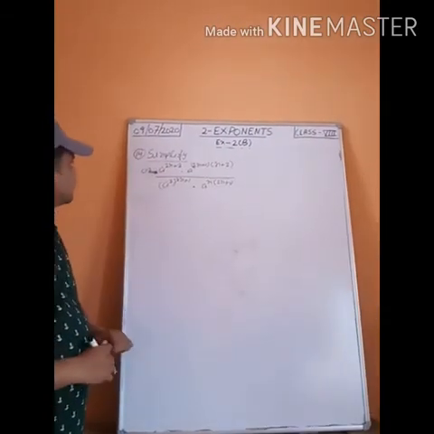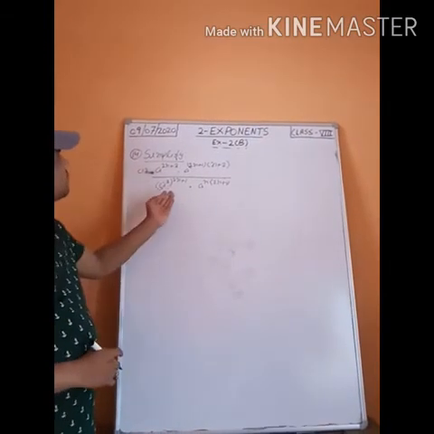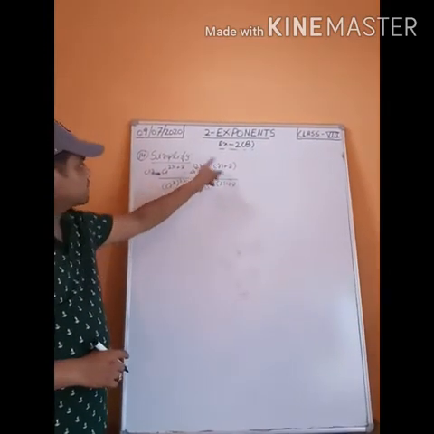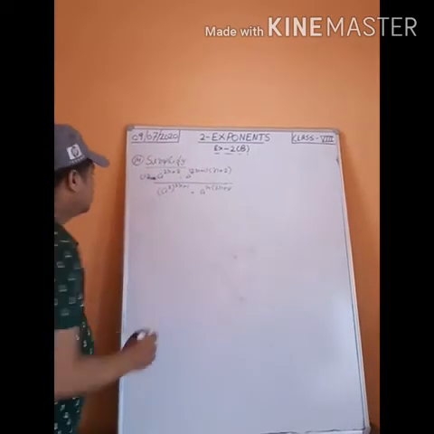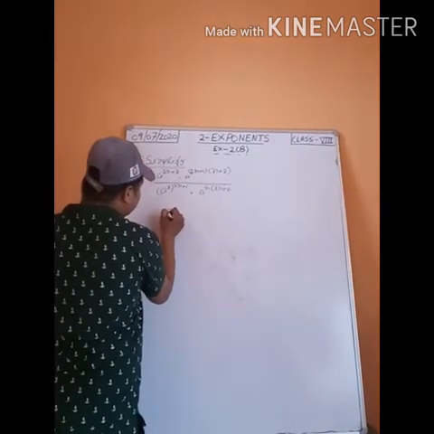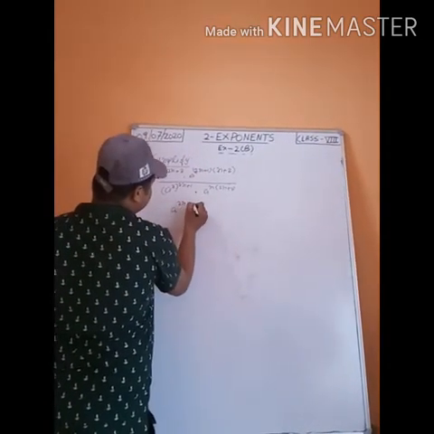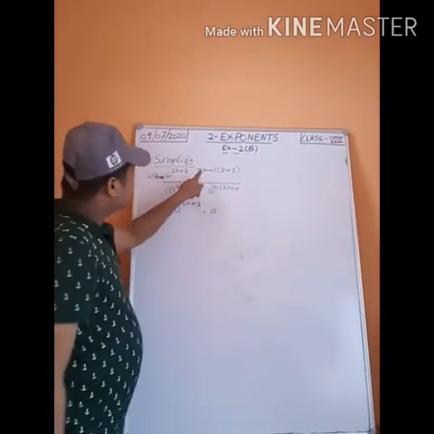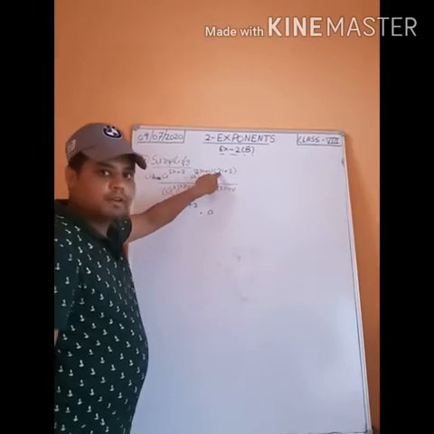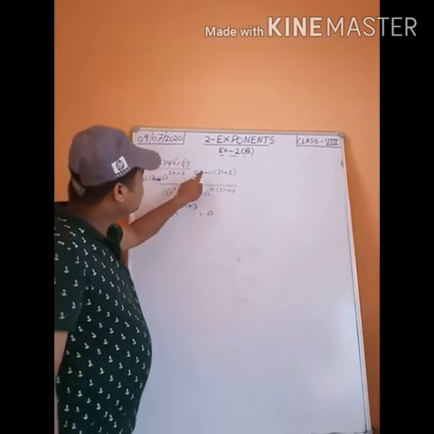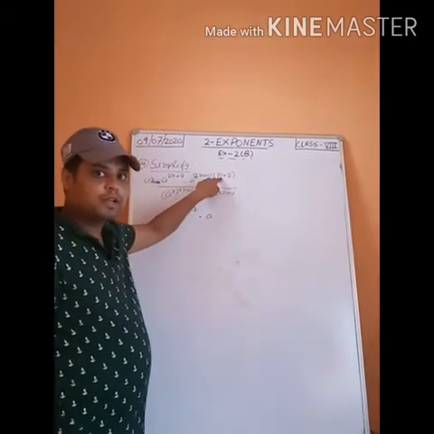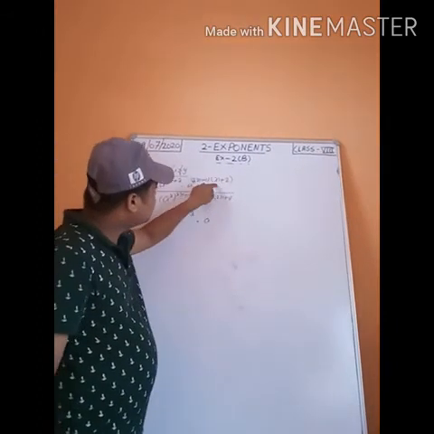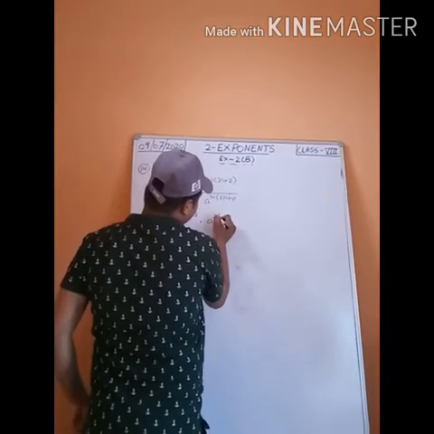Simplify. In this, first we will solve the powers by using the power law. So a raised to the power 2n plus 3 multiply a raised to the power 2n multiply this n. Binomial multiply binomial, this I told you in class 7. 2n multiply this n, 2n square.